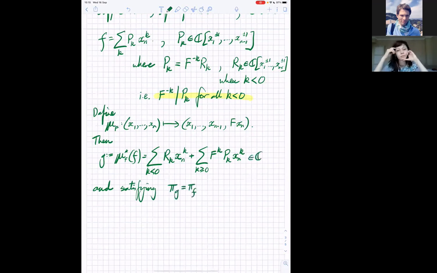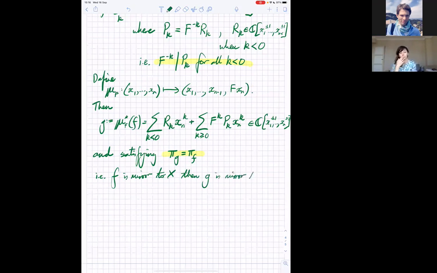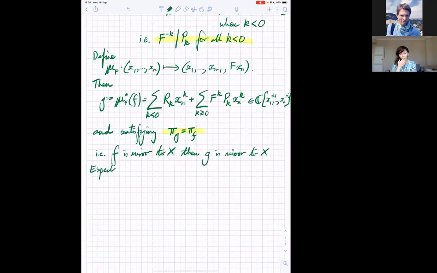This is the key thing. So in other words, if f is mirror to X, then g is mirror to X. And our expectation is, well, I'd have said this was a conjecture until not too long ago, but I'm not completely sure about this.